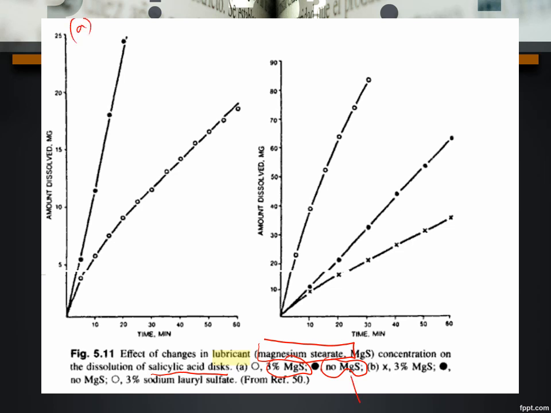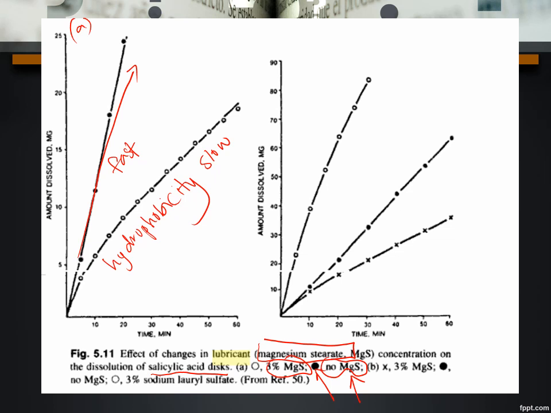When you have no magnesium stearate, the release of salicylic acid is fast, but when you have magnesium stearate, the hydrophobicity of magnesium stearate has slowed down the dissolution profile.